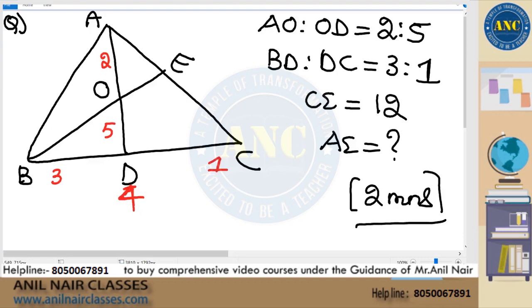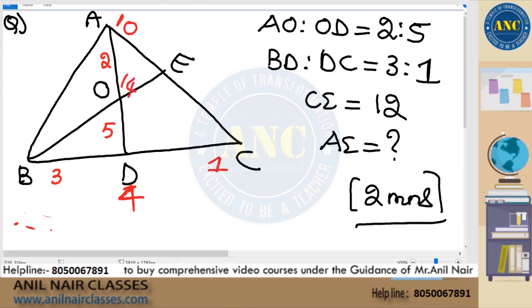So this will be 2 10s are 20. So this is nothing but 4 5s are 20, this is 10. This is 10, this will become 14.